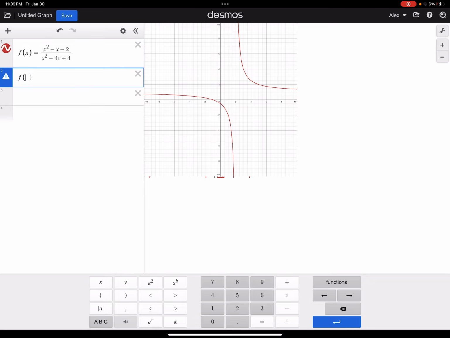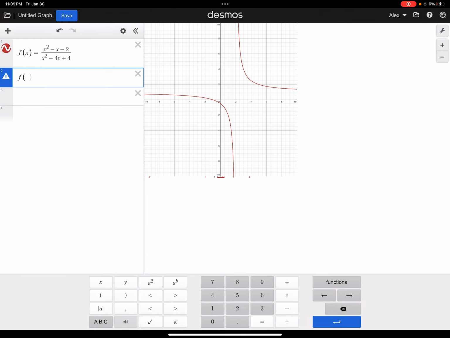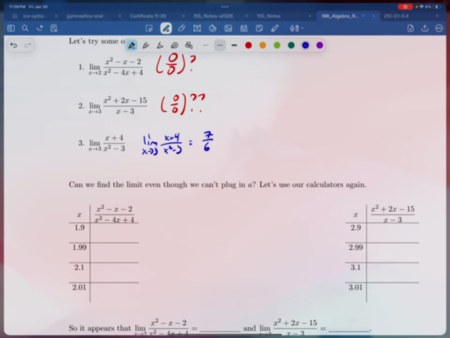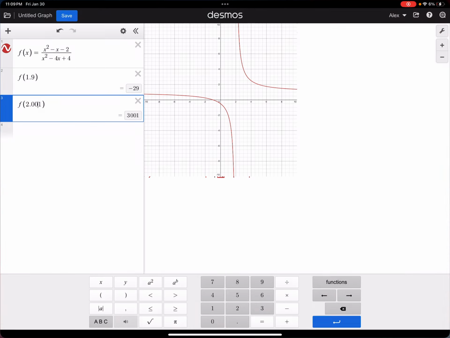F of, now we were interested in 2, right? As x approaches 2. So let's do f of 1.9. Oh boy, okay. What about f of 2.1? Wow, okay. So it looks like we've got a divergent answer, right? This is negative 29, I think. Did I get that right?